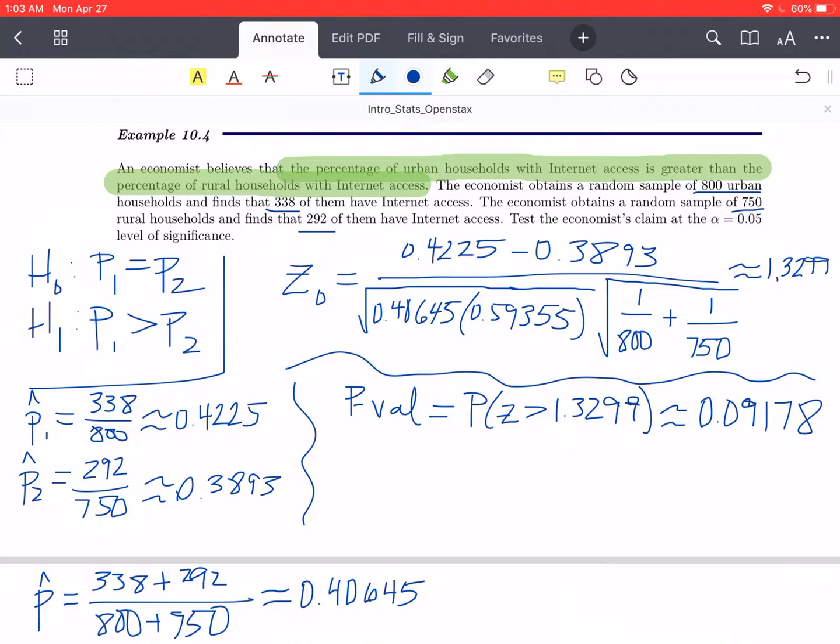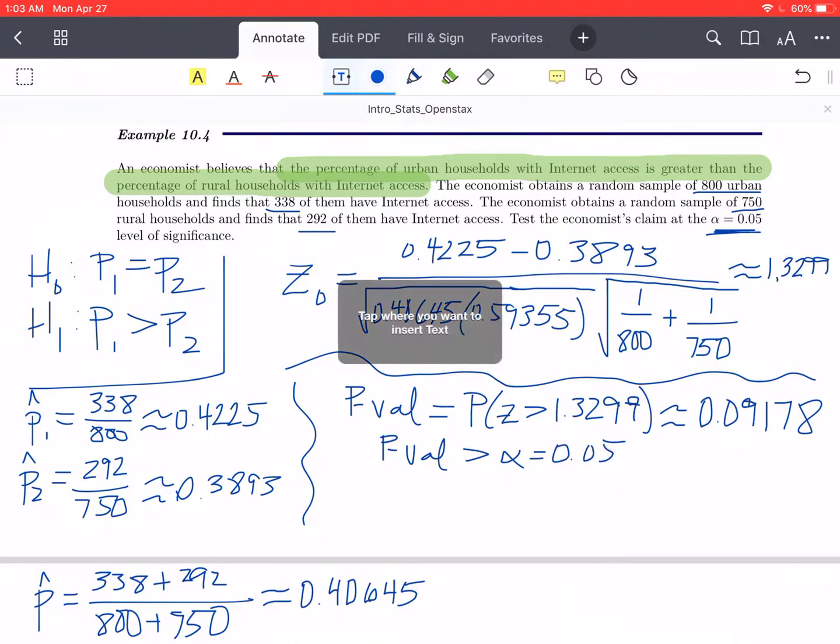Okay, and compare this to alpha, which we established in the problem was 0.05, and 0.09 is certainly bigger than 0.05. So since the p-value is bigger, this says that we cannot reject the null.